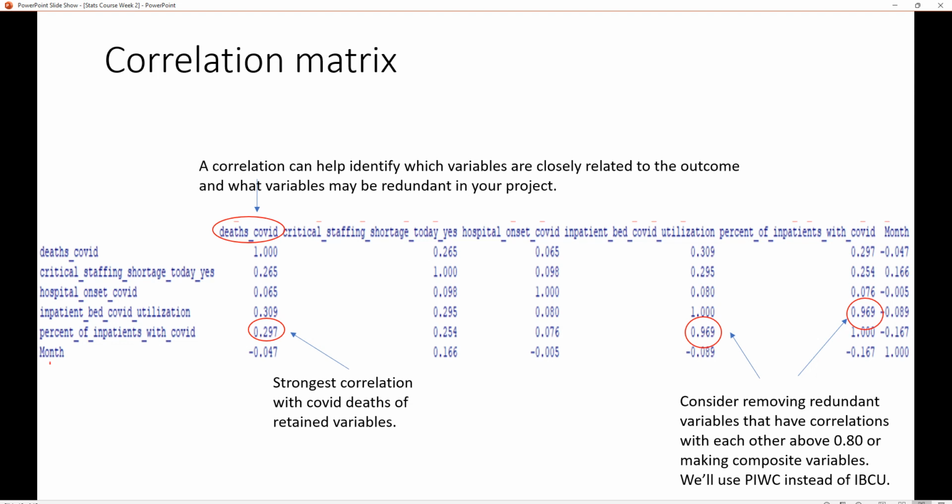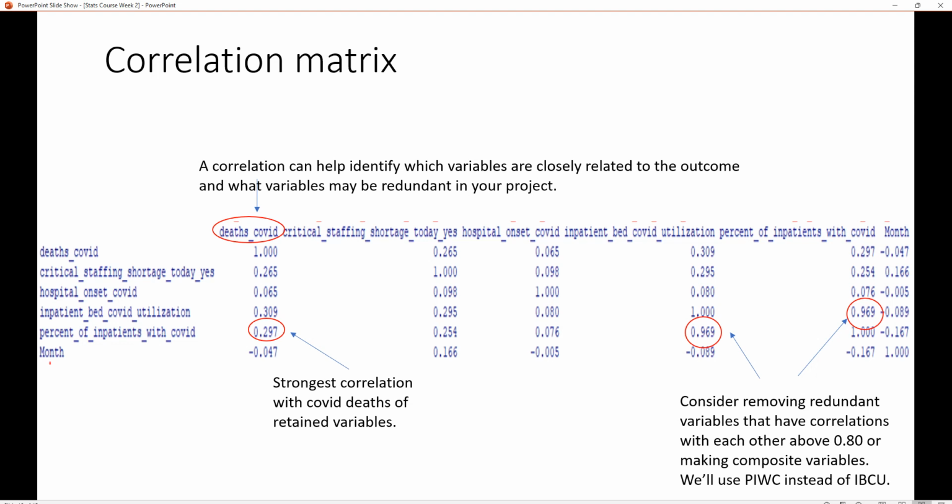We do have to consider which variables are redundant, in other words, like a composite or highly correlated data. For things that are highly correlated, we may not want to use both of them.